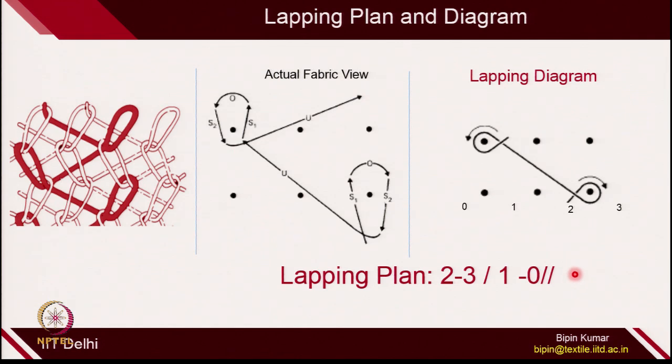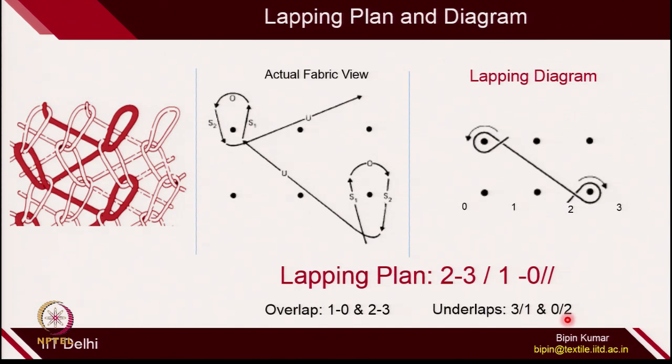The next numbers coming are 0, 2, 3, 1, 0 again, and this sequence will repeat. That is why you do not need to repeat the same numbers. Once the sequence starts repeating, it means the design is repeating. So you just need to give 4-digit numbers, and you can further characterize the motion. Here 1 to 0 and 2 to 3 represent overlaps, and 3 to 1 and 0 to 2 represent underlaps.